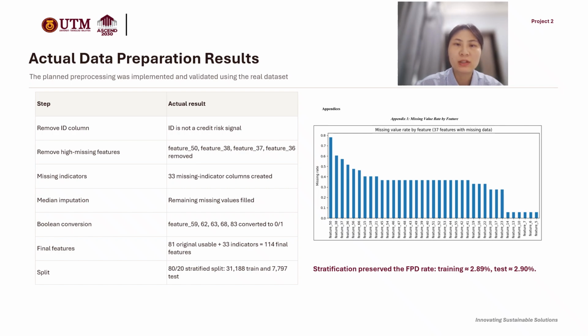After preprocessing, the final input had 114 features, including original usable features and missing indicator features. The dataset was then split into training and testing sets using a stratified split, so the FPD rate was preserved.